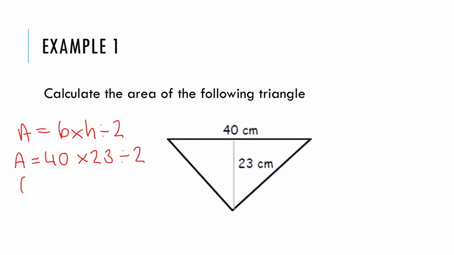So I'm going to pick the 40 divide by 2, that is going to give me 20 times 23. If this is non-calculator, remember we can break 20 down into 2 and 10. So if I times the 23 by 2 first, that is going to give me 46, and then timesing that number by 10 is putting a 0 on the end, so 460 centimetres squared.